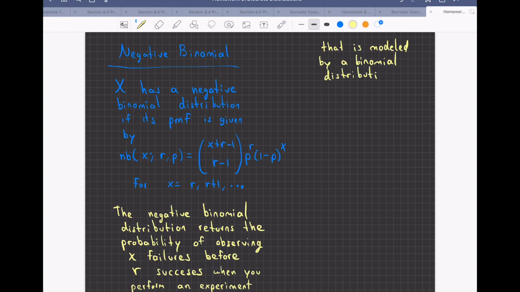So I wanted to see the difference because both have the name binomial. In the binomial case, X is the number of successes.